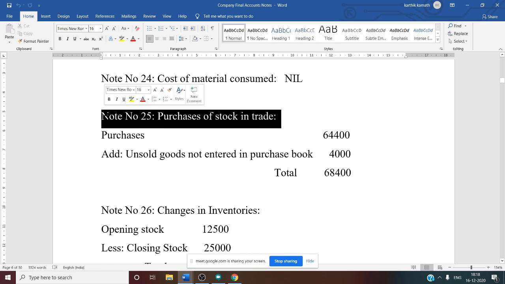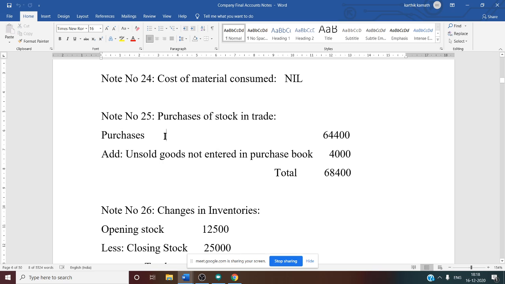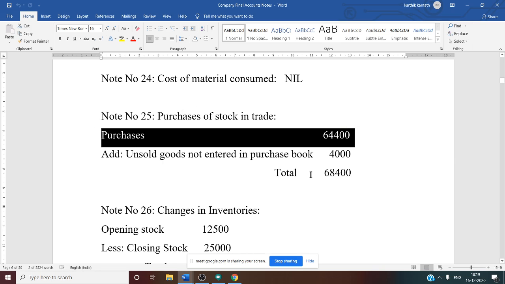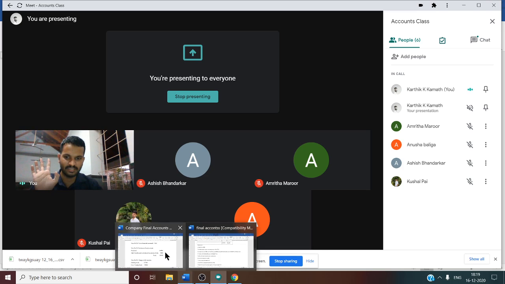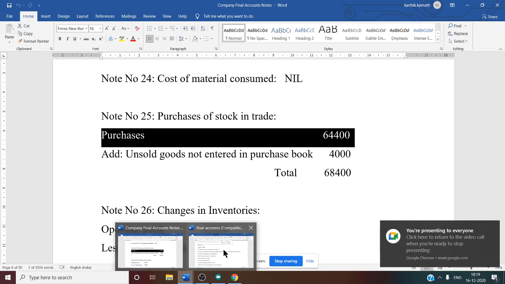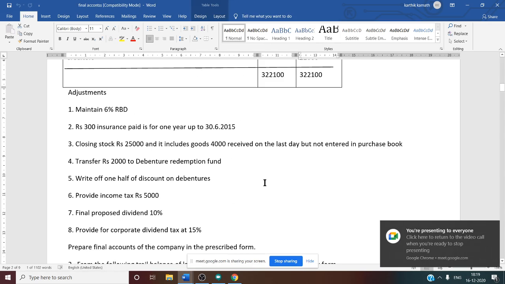Next you see working note number 25, purchase of stock in trade. The purchases information given in the trial balance is 64,400. Now we have to see the adjustment. Let us see the adjustment here.